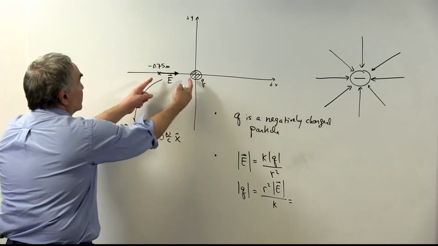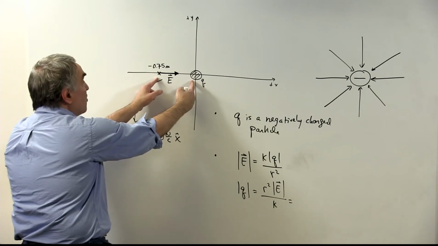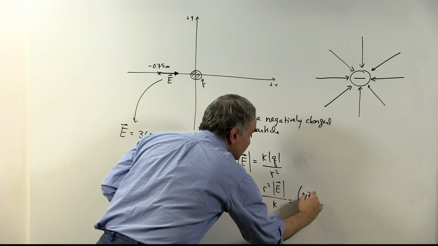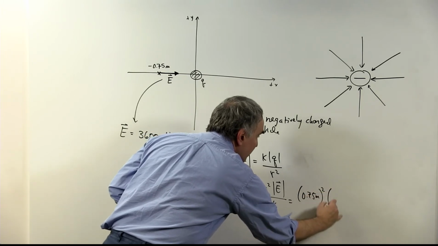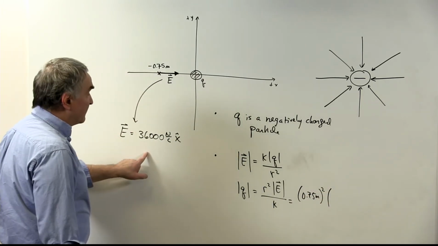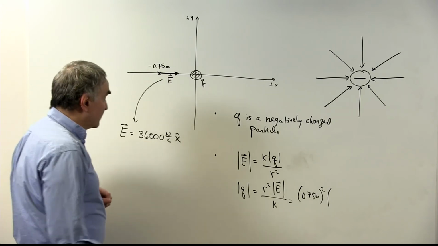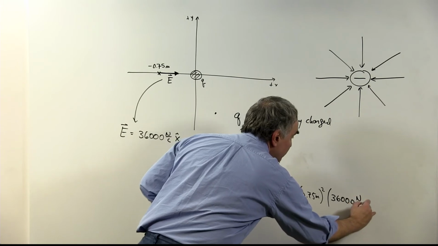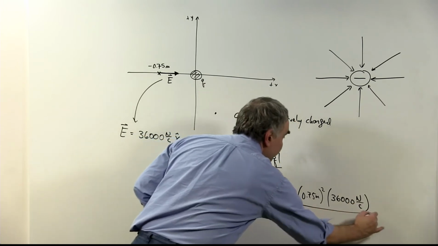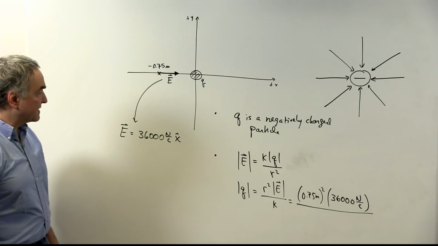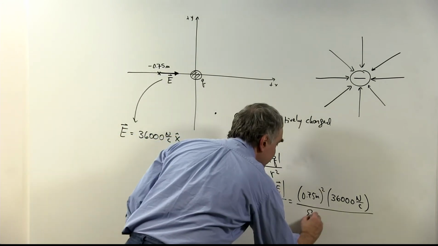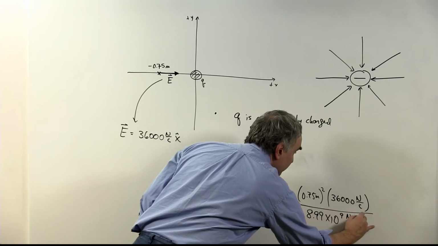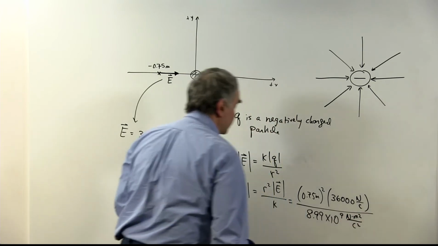We know what r is. This particle is sitting 0.75 of a meter away from the charge. So that's going to be 0.75 meters quantity squared times the magnitude of the electric field, 36,000 newtons per coulomb, and we're going to divide it by our Coulomb constant k, which we know to be 8.99 times 10 to the 9th newton meters squared per coulomb squared.